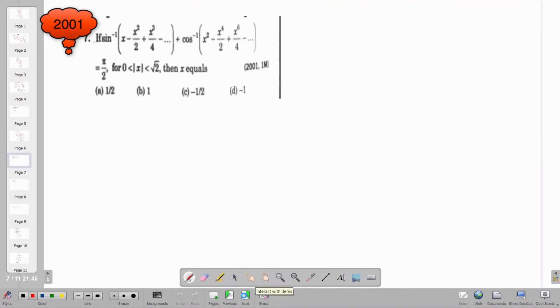Now, next question is, know that the sum of infinite GP is a upon 1 minus r, where mod of r is less than 1.